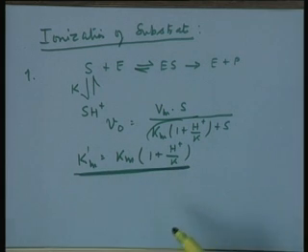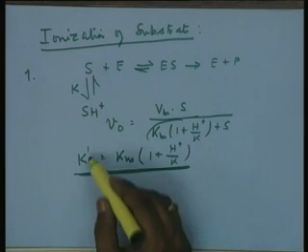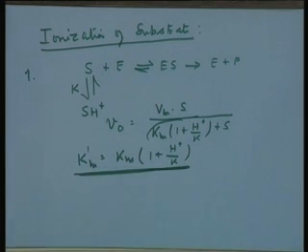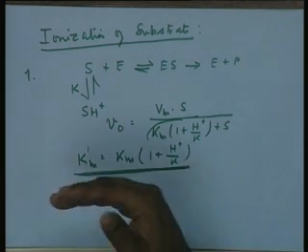You can also analyze here the apparent Km, K dash M, which varies with the hydrogen ion concentration. So the effect of pH on the Km value can be noted by looking at the pattern of inhibition.